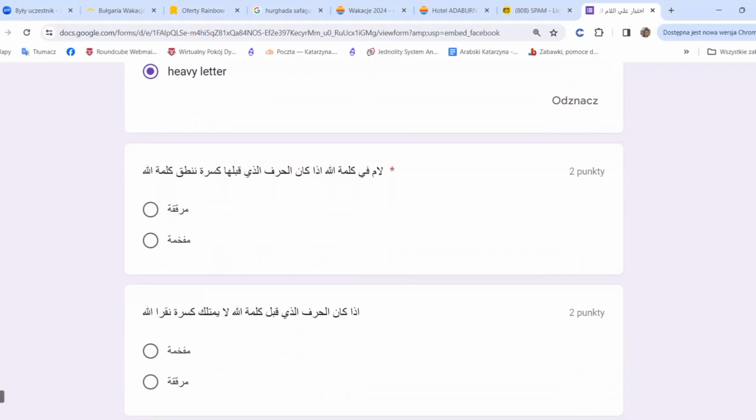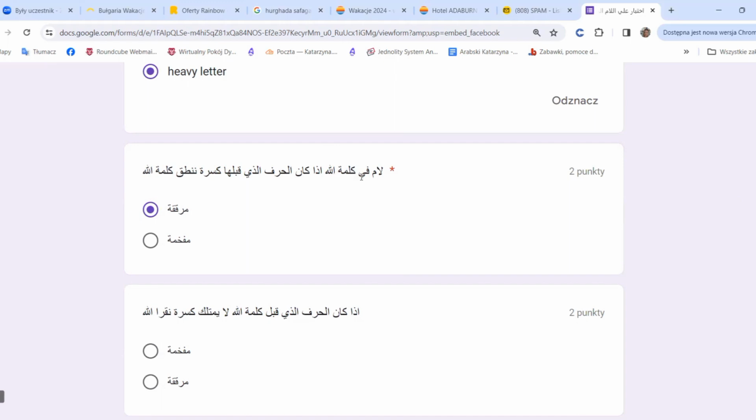And here, كما في كلمة الله: إذا كان الحرف الذي قبلها كسرة ننطق كلمة الله مرققة. This is murakkaka. But can you tell me the difference between murakkaka and mufakhkhama? Yes, in pronunciation practically. In pronunciation, I know, but how do I know that it is murakkaka? Yes, in this lesson you can see.